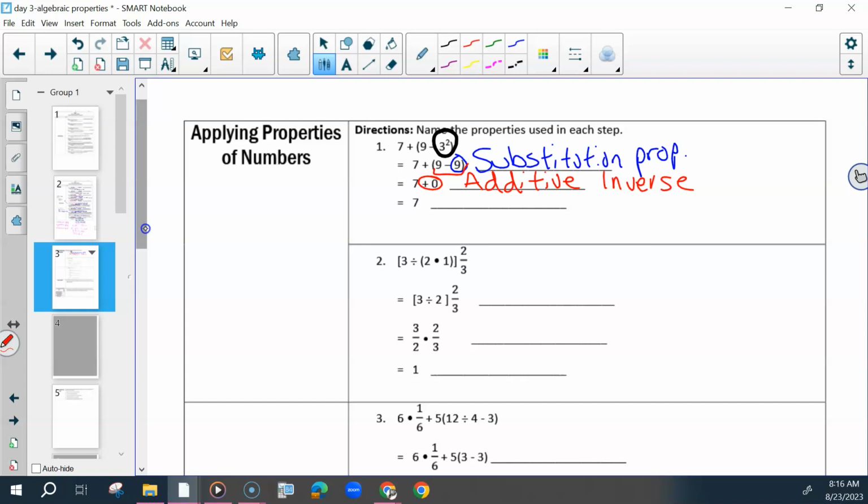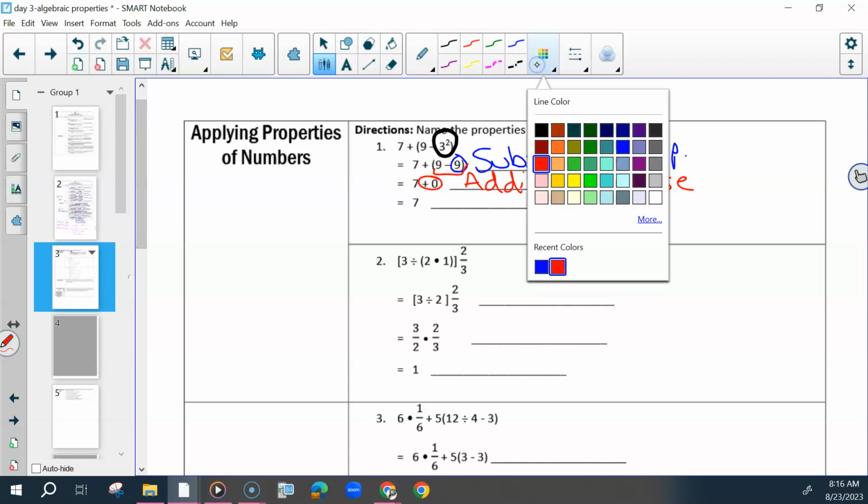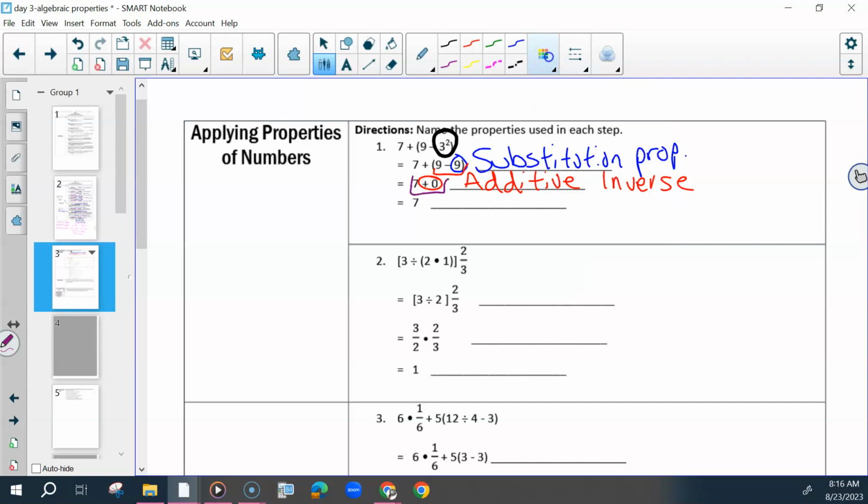Right, and then last thing, what changed from this line to this line? 7 plus 0 became just 7. I heard additive inverse. Not inverse, we just used that one.